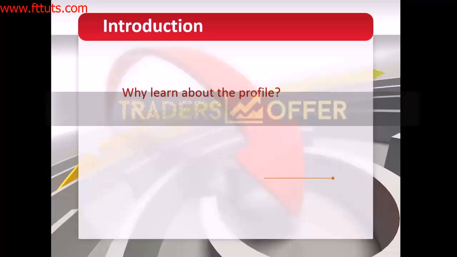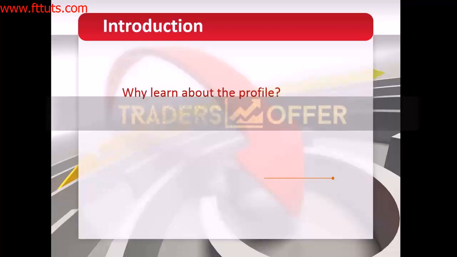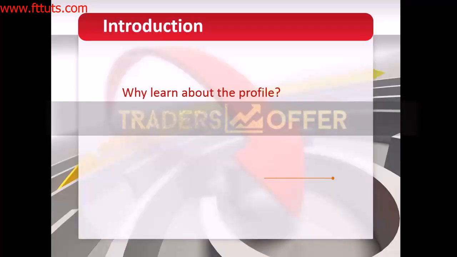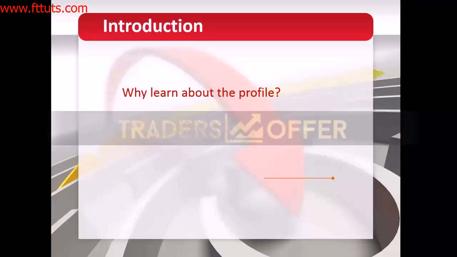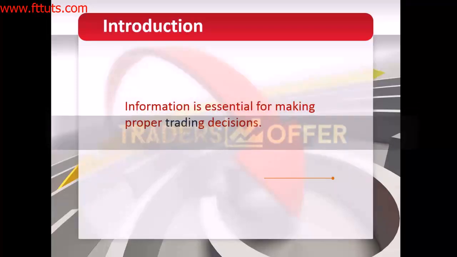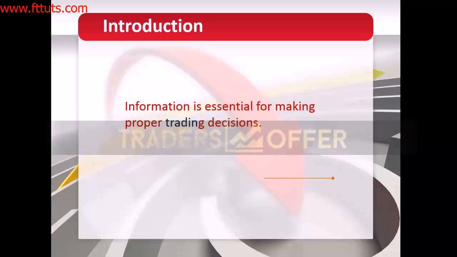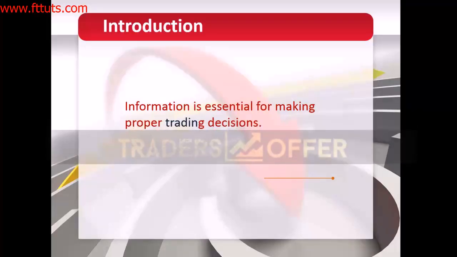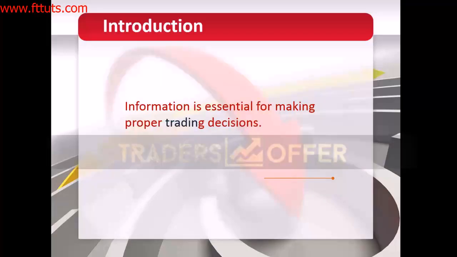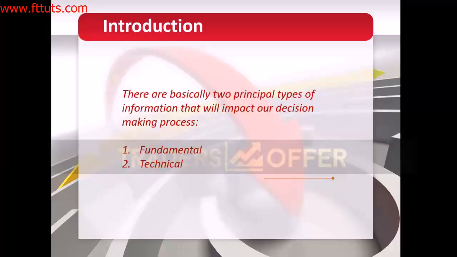Now, profile is legal, and all of the things that we will talk about are certainly legal. And so let's take a look at the type of information that is essential for making proper trading decisions that we can get from the profile.